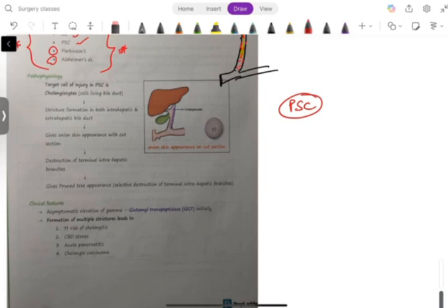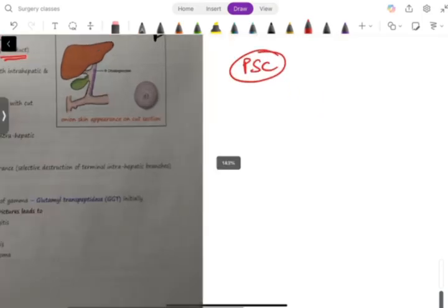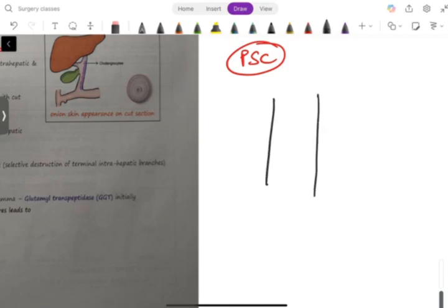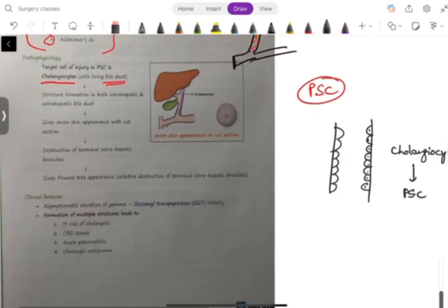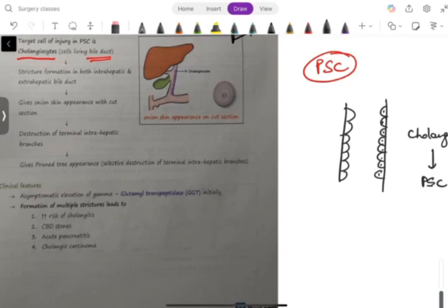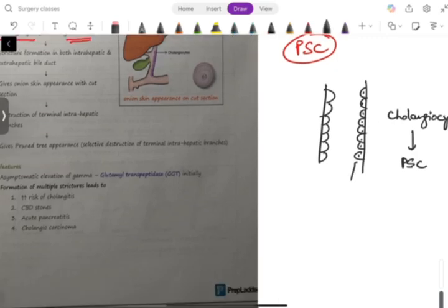Basically, the target cell of injury in primary sclerosing cholangitis is the cholangiocytes, which are the cells lining the bile duct. So in primary sclerosing cholangitis these cells are the target cells, that is, these cells will be destroyed. Okay? So what happens is stricture formation in both intrahepatic and extrahepatic bile ducts because of this damage to these structures.